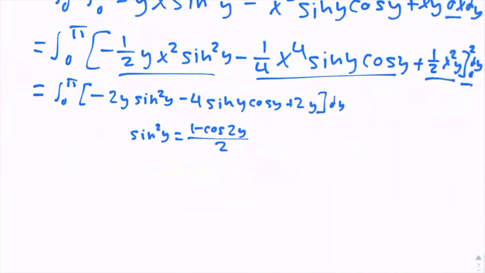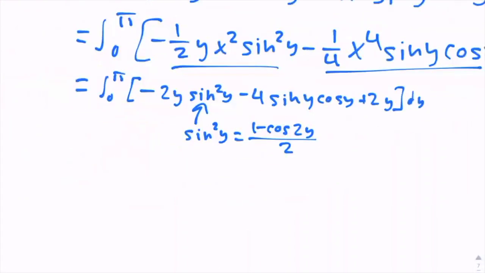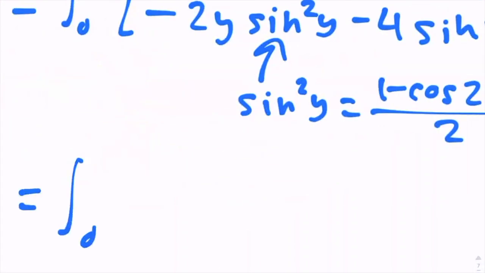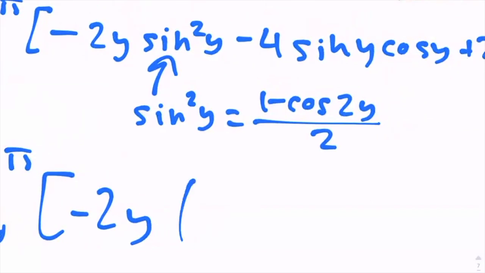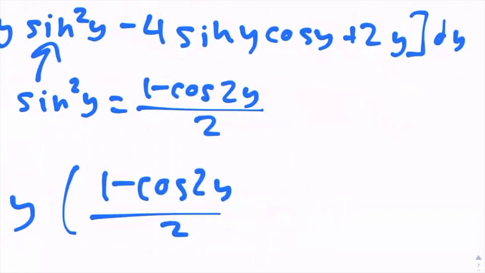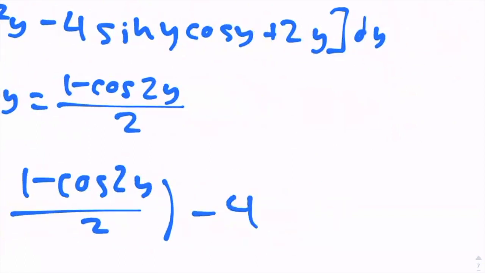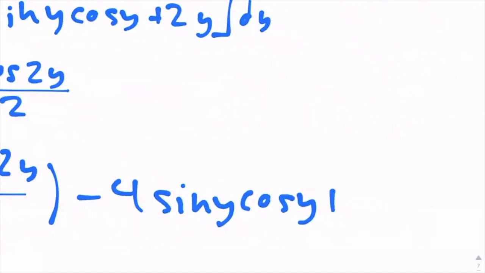So we can just plug that in right there. And when we do that, we're going to get the integral from 0 to pi of minus 2y times 1 minus cosine 2y over 2 minus 4 sine y cosine y plus 2y dy.